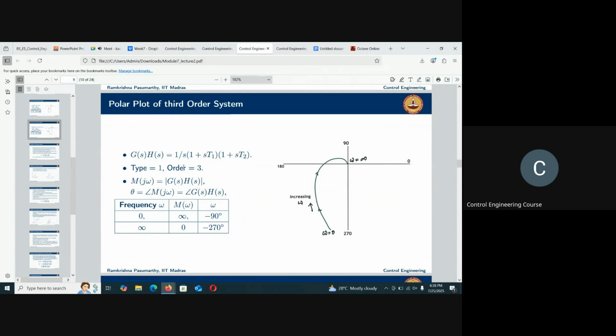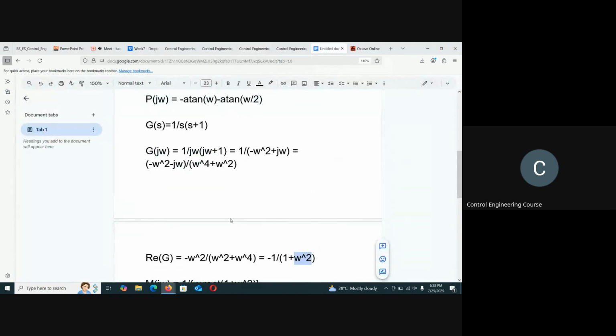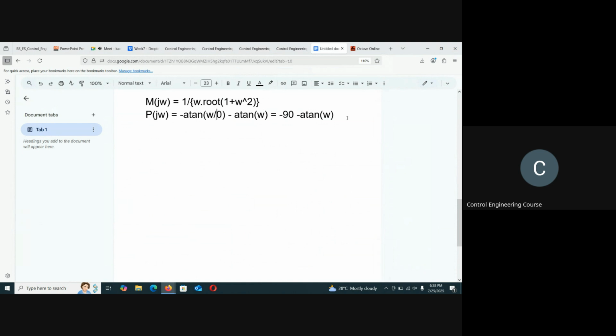Now let's go for a third order system. Again, you have three poles now. So if you have three poles, let me do the math here. Call them, let's say, s, s plus 1, s plus 2.